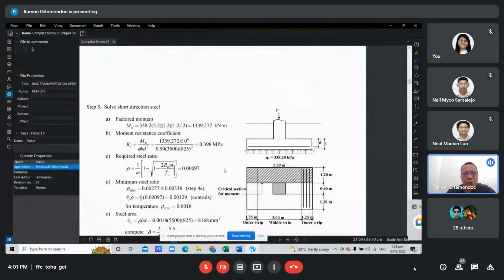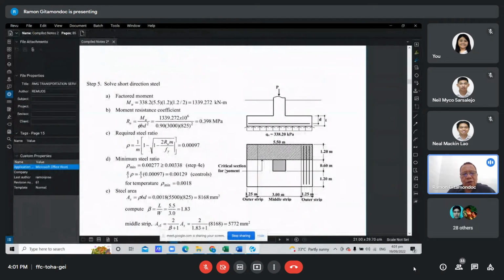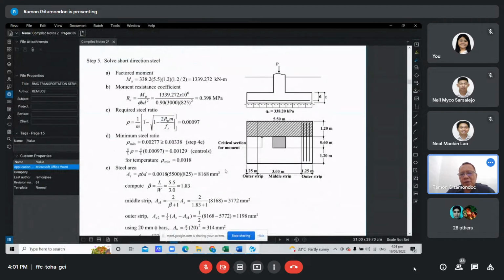Okay, so next we solve for the short direction steel.